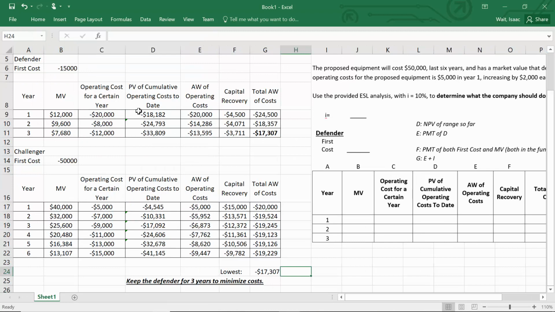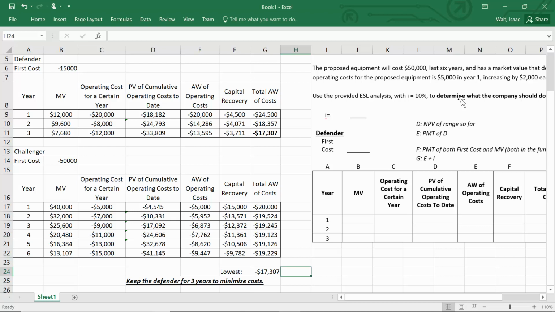Okay, let me reiterate some of the important things that you have to be aware of for this analysis. First of all, it said in the problem statement that the current value for the defender is $15,000. And we talked about this last week, that when you're keeping an item, that means you're losing the opportunity to sell it.